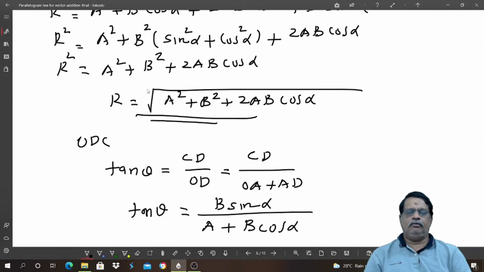So we have obtained both the magnitude and the direction. So let us write both of them on the next page.